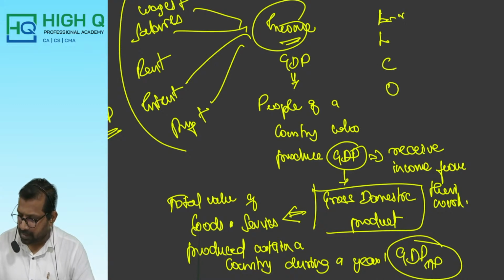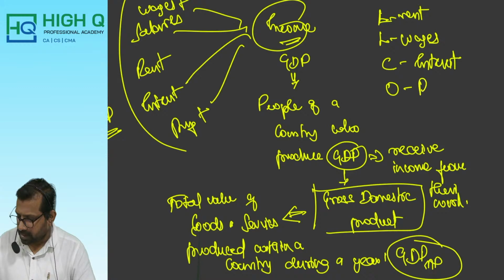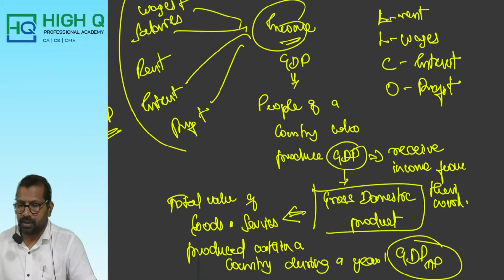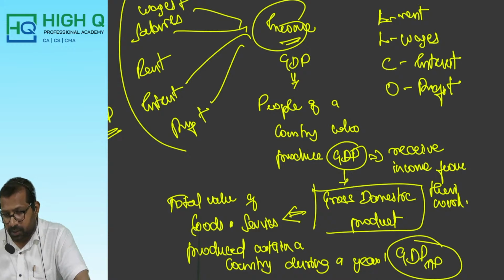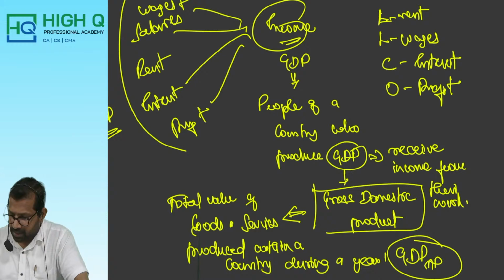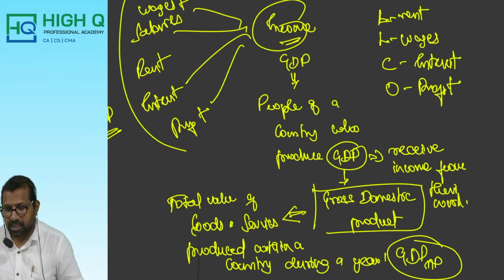For land, rent; labor, wages; capital, interest; organization, profit. So income method deals with factors of production, and the income received by people engaged in producing goods in that specific year is called gross domestic product.